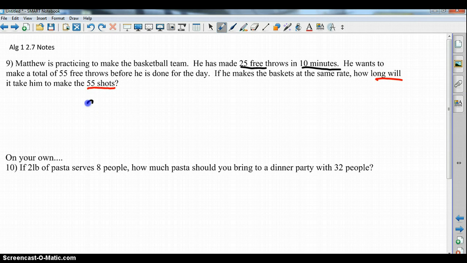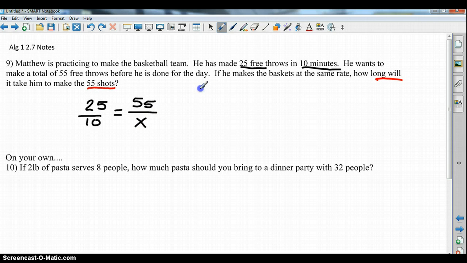So if he made 25 shots in 10 minutes, we're going to equal that to 55 shots, and we're going to put an x here because we don't know how long that's going to take him. So the numerators are the amount of shots he made, and the denominators are how long it took him. So it took him 10 minutes to make 25 shots and some number to make 55 shots. So we're going to solve for x.